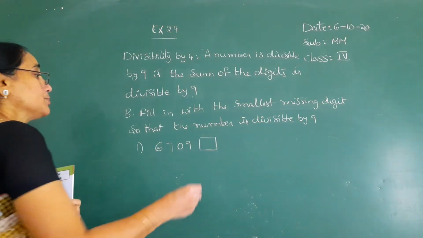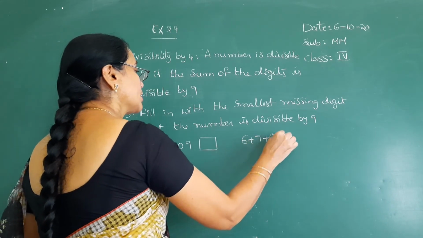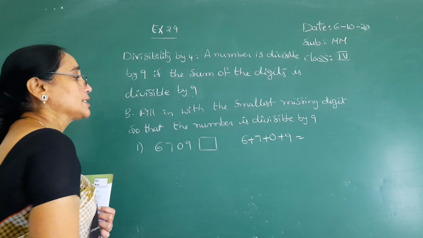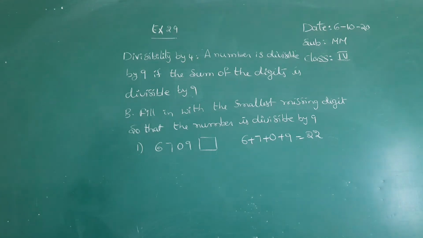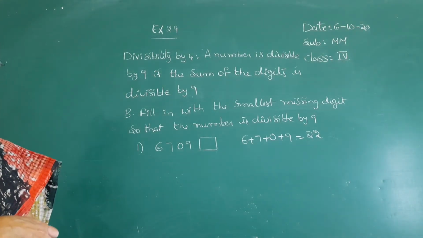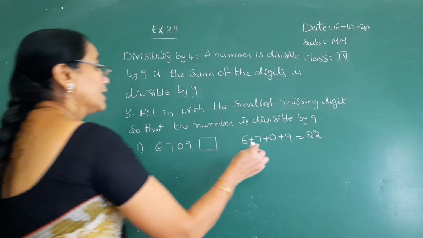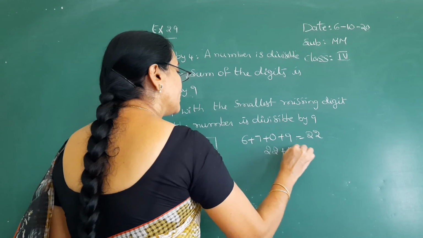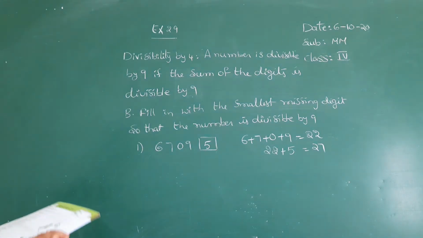You already know the rule: the sum of the digits is divisible by 9. Add 6 plus 7 plus 0 plus 9. How much is it? 16. 16 plus 6, 22. Which number comes after 22 that is divisible by 9? Read the 9 table: 9 ones are 9, 9 twos are 18, 9 threes are 27. The number that comes after 22 is 27. How much should you add to get 27? 5. So the missing digit is 5.